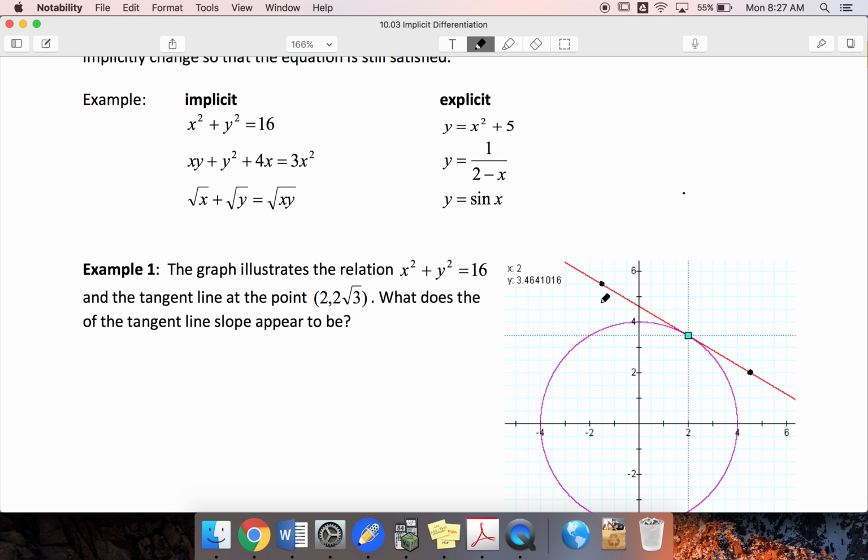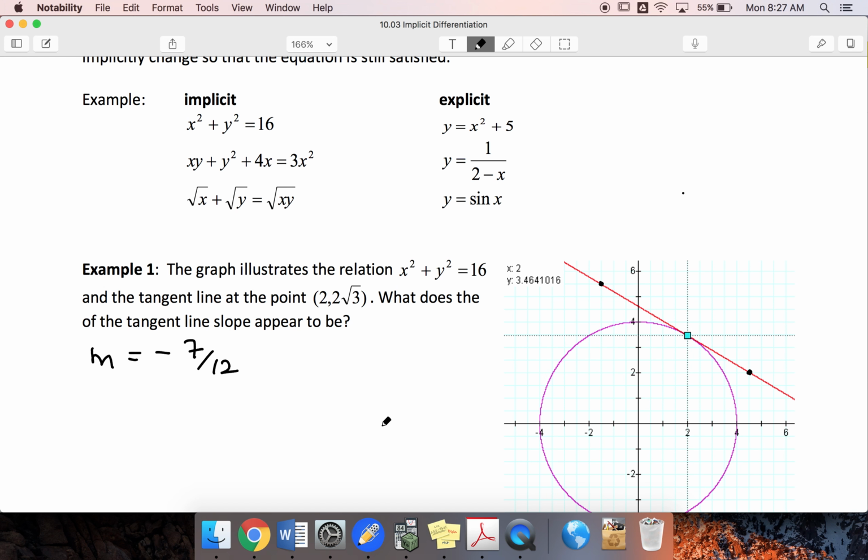So what I see is 1, 2, 3, 4, 5, 6, 7, and 1, 2, 3, 4, 5, 6, 7, 8, 10, 11, 12. So it looks like it's approximately negative 7 over 12, thereabouts. And of course I could have used other points as well to estimate my slope.